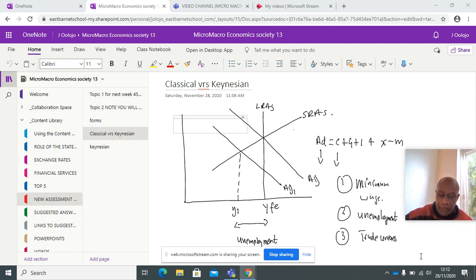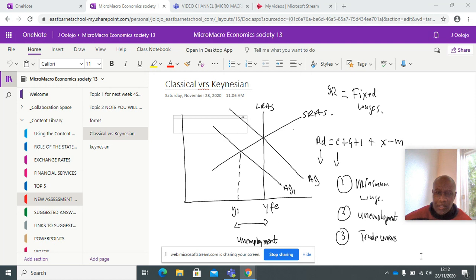Don't forget that wages are fixed in the short run, but in the long run, wages become more flexible. So these are workers that are out of work for 3 months, 4 months, 5 months. They're under a lot of pressure, getting a lot of stress from their parents or whoever's giving them stress. So they agree to take much less wages. So they drop their wage demands.